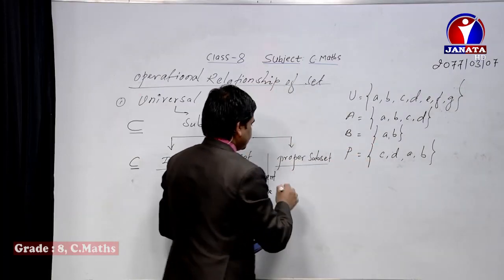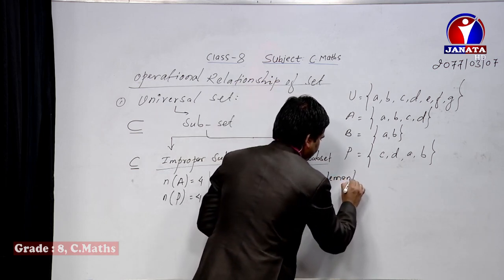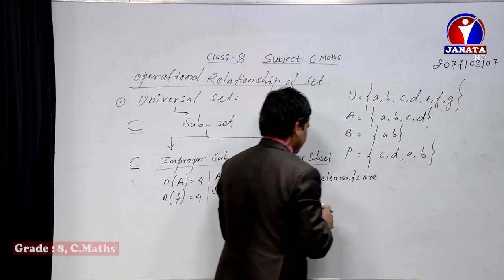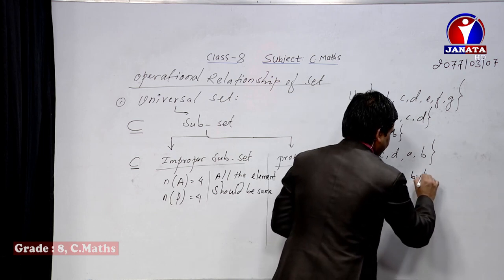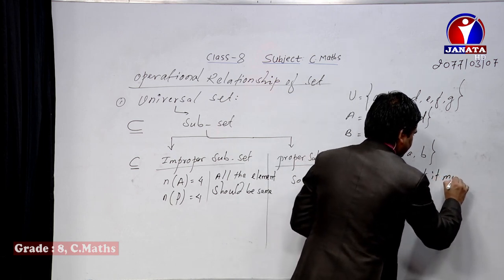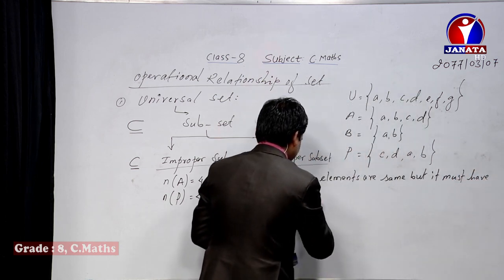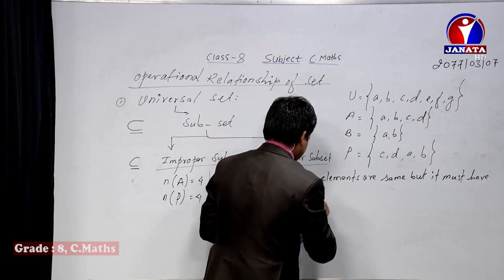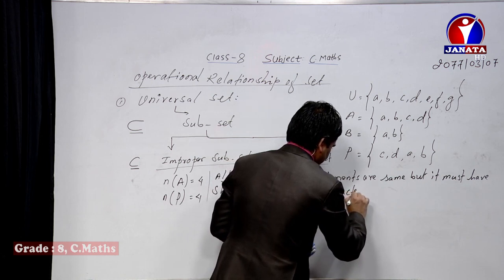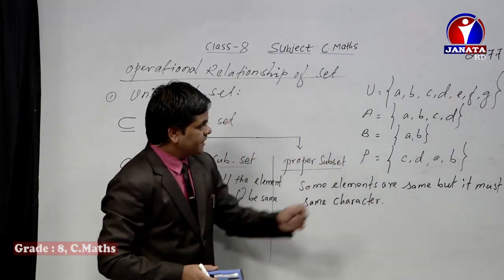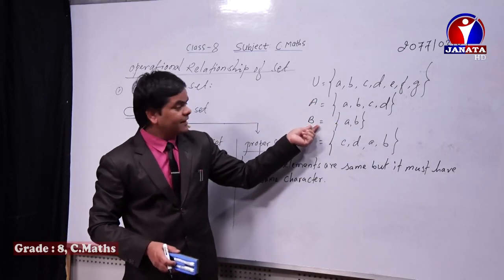It means some elements are the same, but it must have the same character. That means look at, if you compare set A and set B, what can you find out?